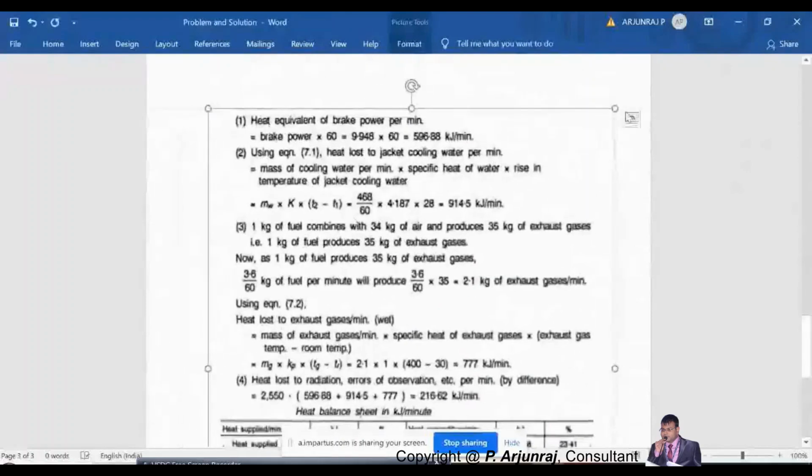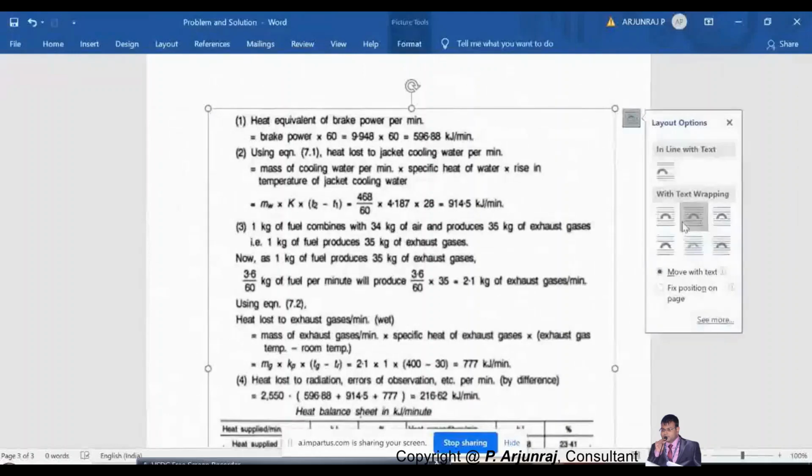Please let me know whether my screen size is visible or not.